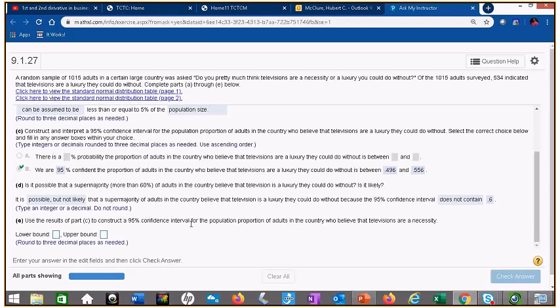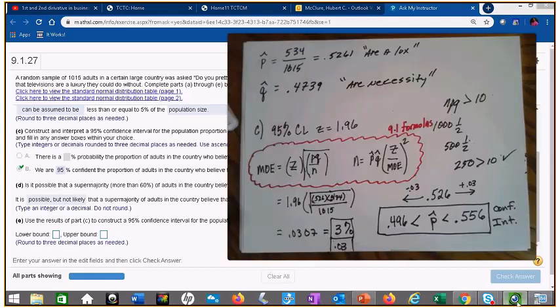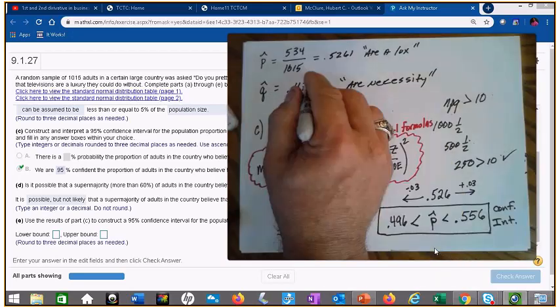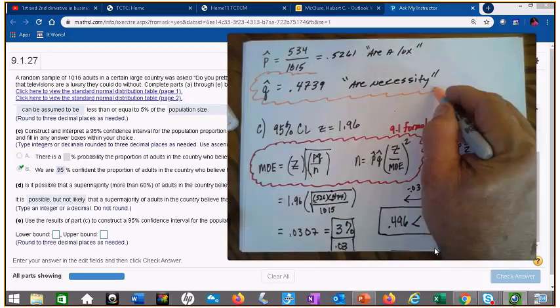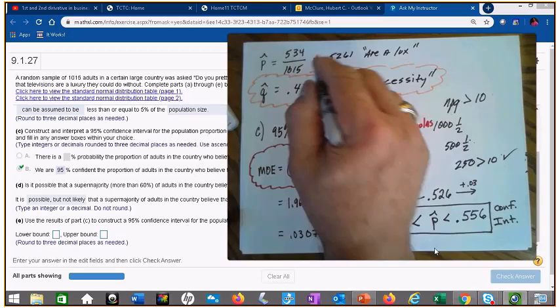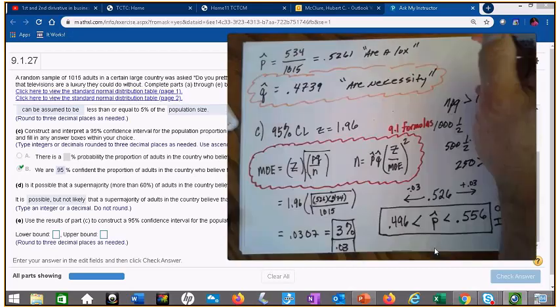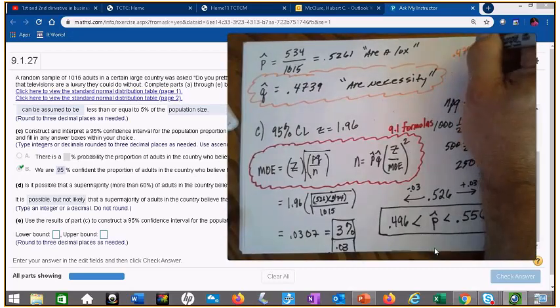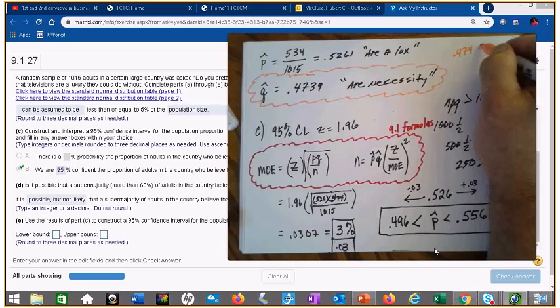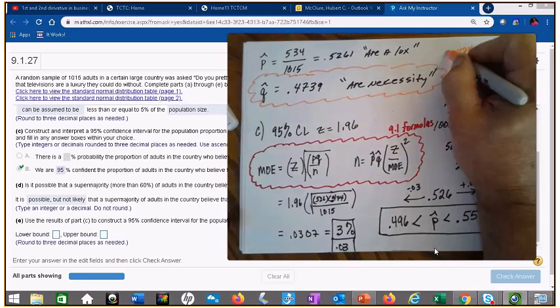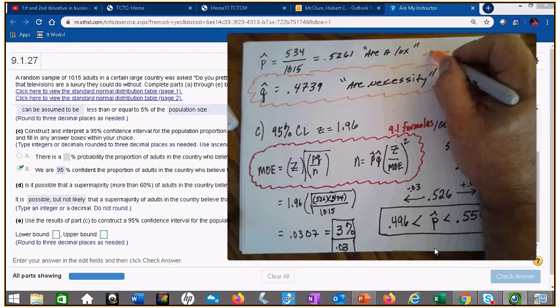Now, what about the other side? Let's pull up our handy dandy, and we're going to do this in peach. What about these people? What about the confidence interval there? The confidence interval there will be around 0.474. We're going to add 0.03, and then we're going to subtract 0.03.